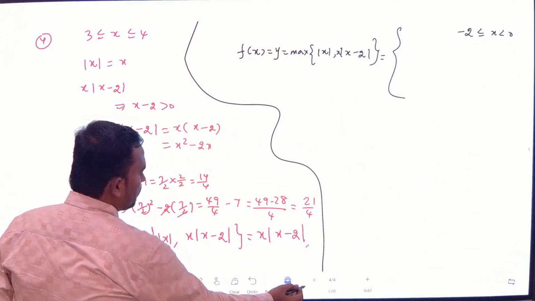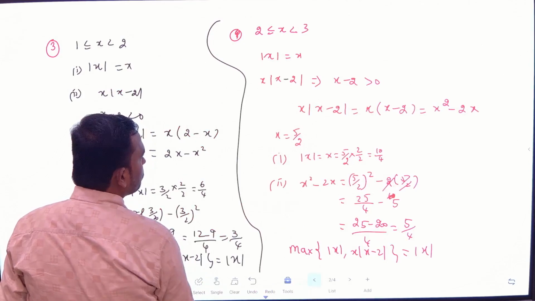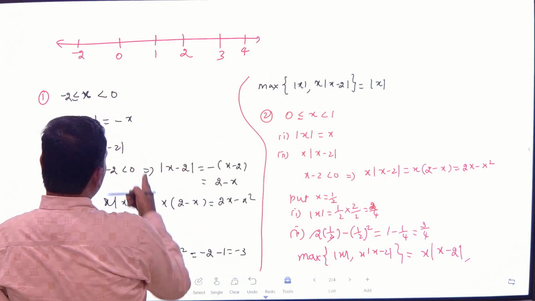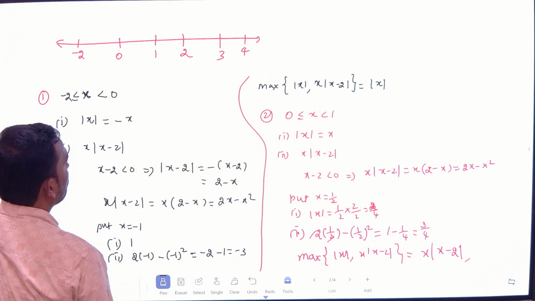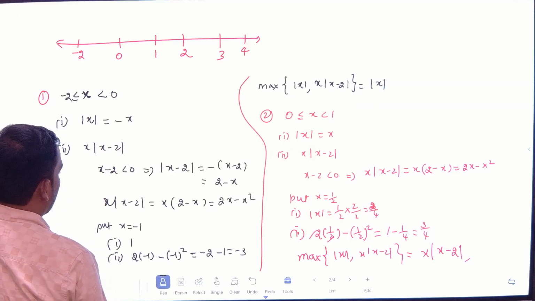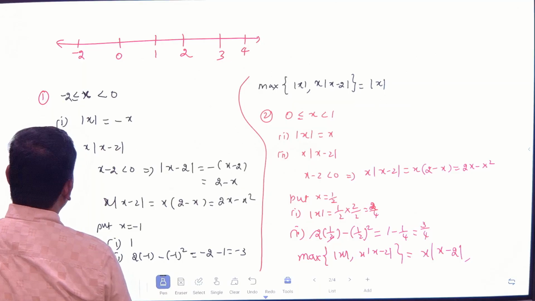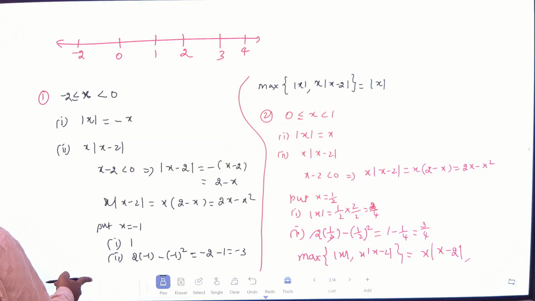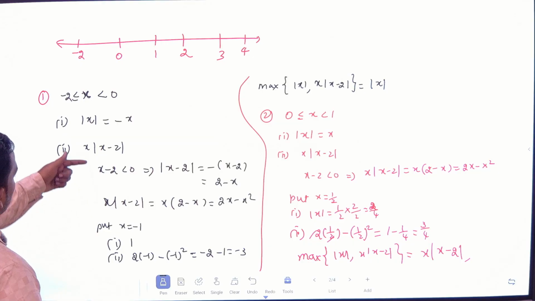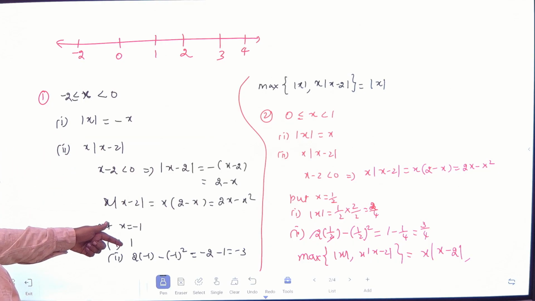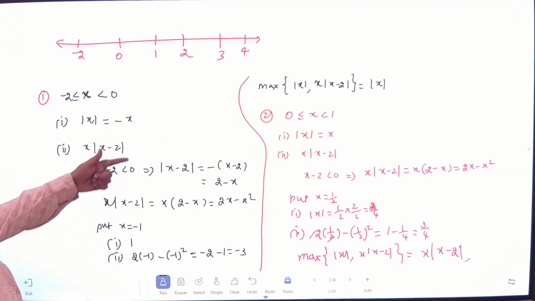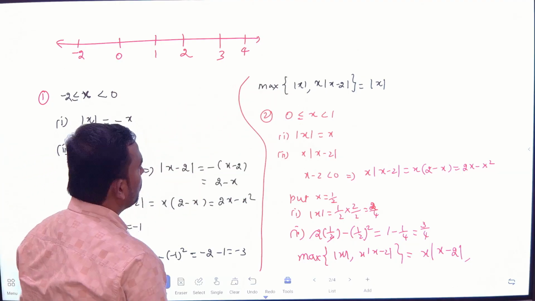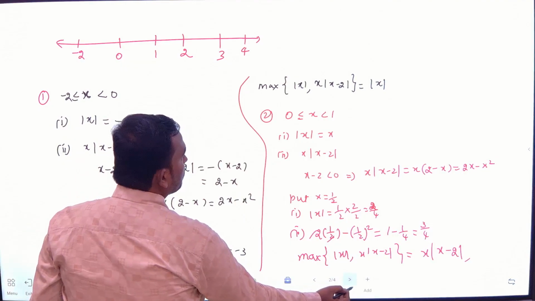In this interval, which is the maximum? Mod x is the maximum, written here. Okay, mod x.